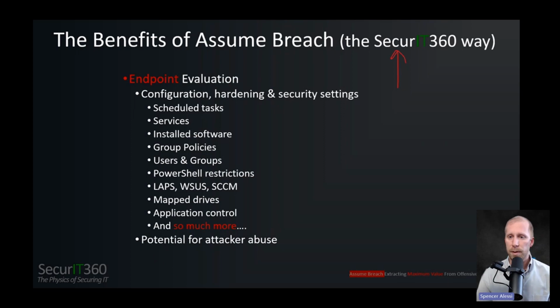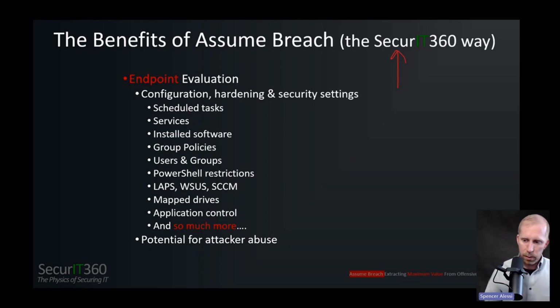We look at services, installed software. There's been a number of engagements that I've been on where the software has been installed insufficiently or insecurely, which allowed me to elevate my privileges as a non-administrator on that machine. And in a few slides from now, I'm going to show some common findings that you'll see on an internal assume breach pen test and what those look like, to hopefully drive home the value that this type of assessment provides.